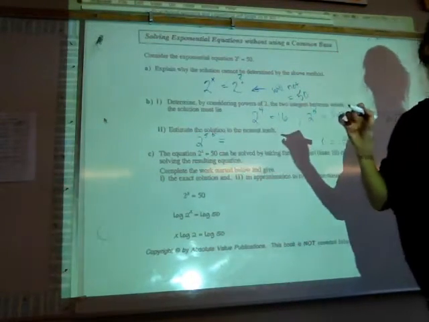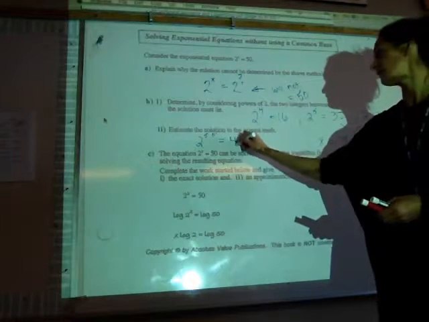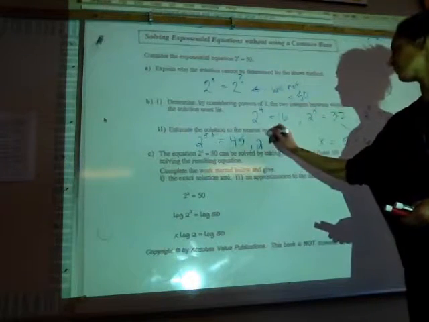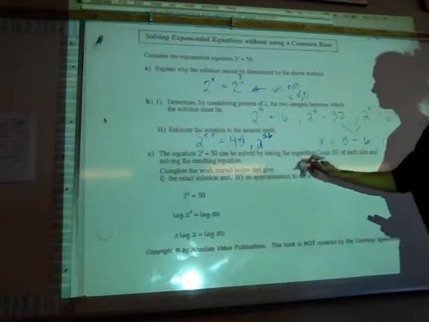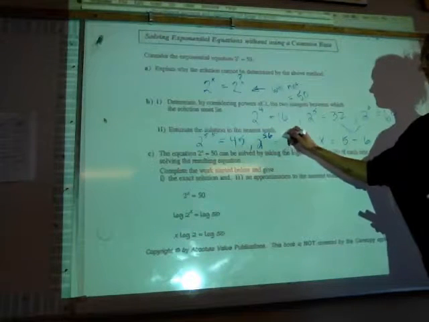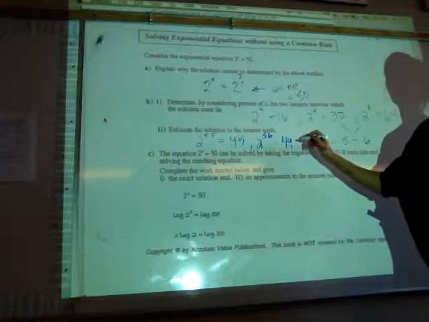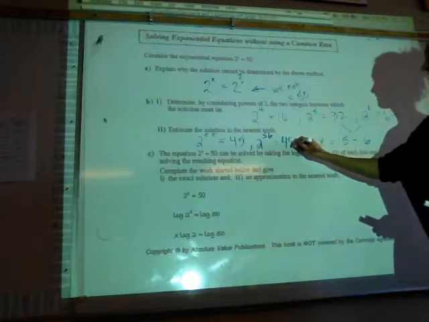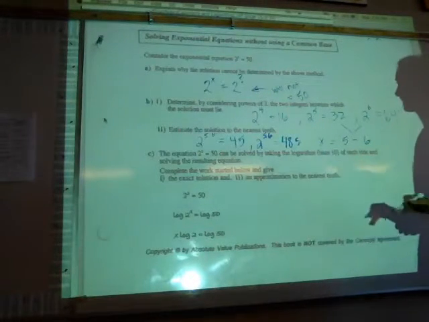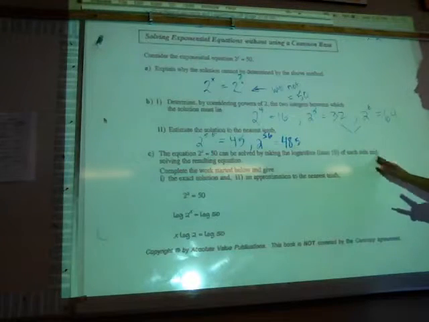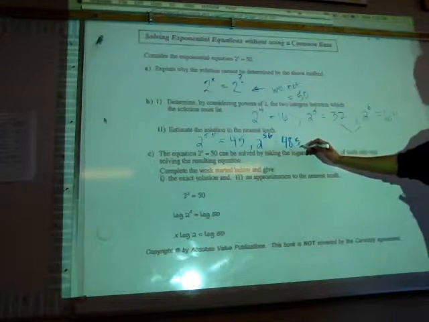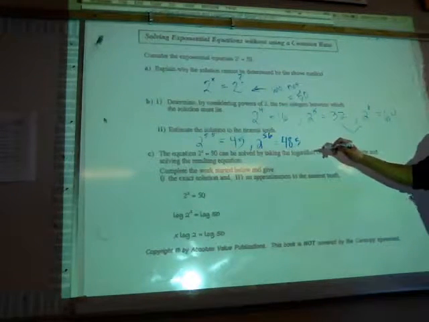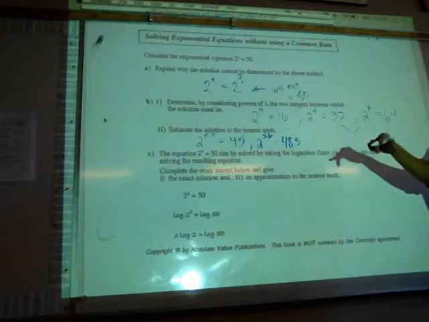What do you get? 45? Okay, how about 2 to the power of 5.6? It's like 48.5. Okay, we're getting closer. If you did 2 to the power of 5.7, do we go over 50?